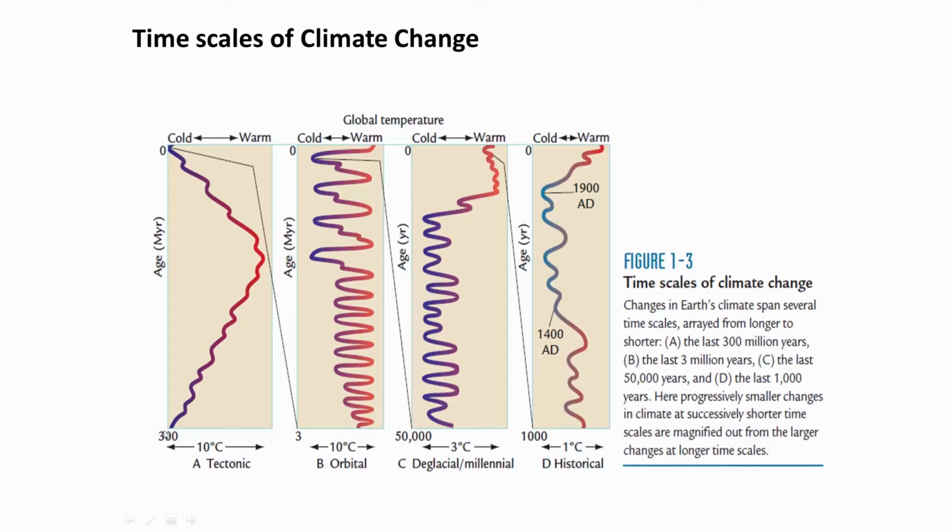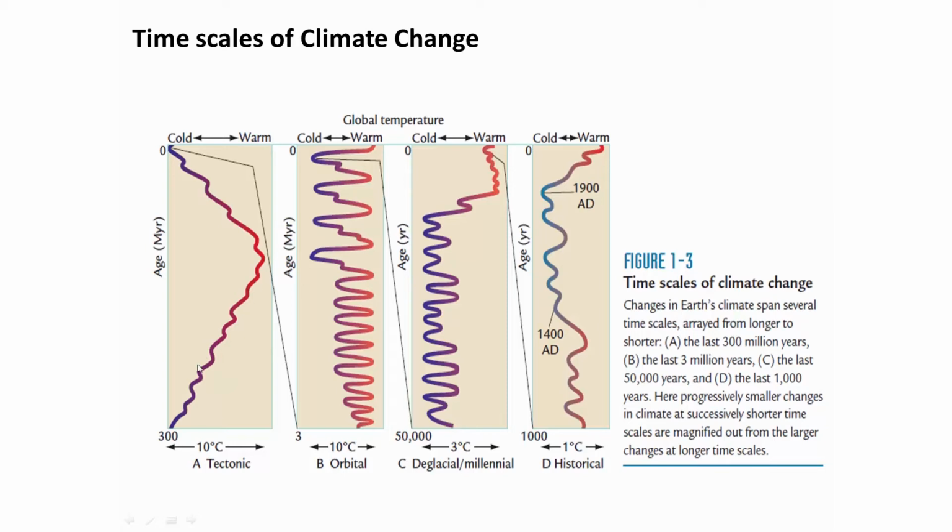So we start here. 300 million years ago, we were close to the present climate. We warmed up to 10 degrees above the current temperatures, and we have come back to the current temperatures. So you can see that there has been global warming in the past.